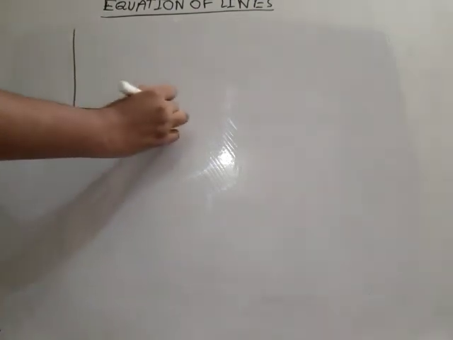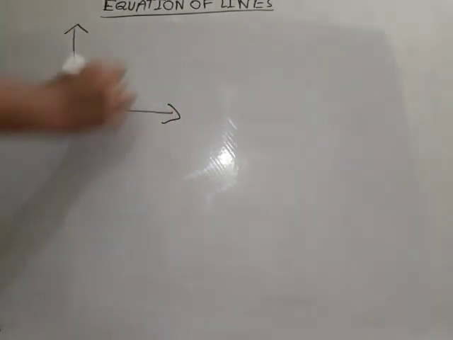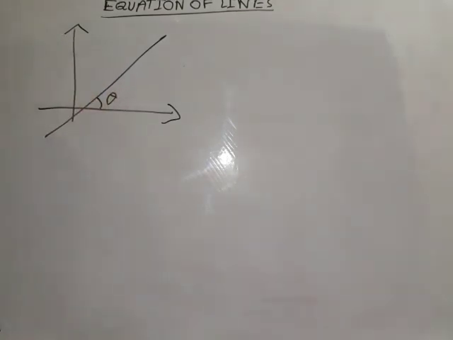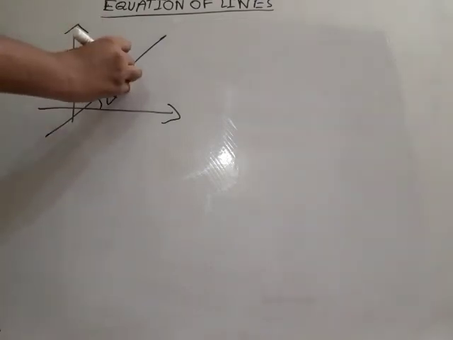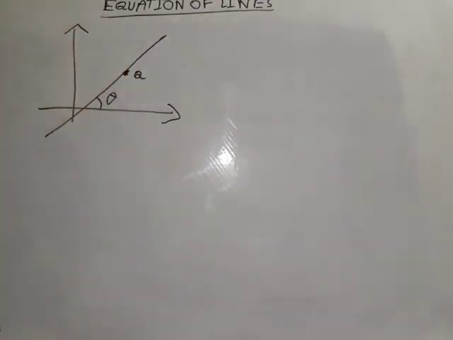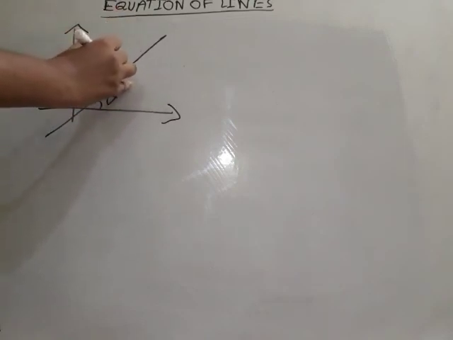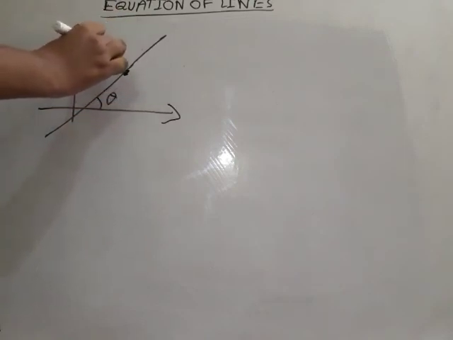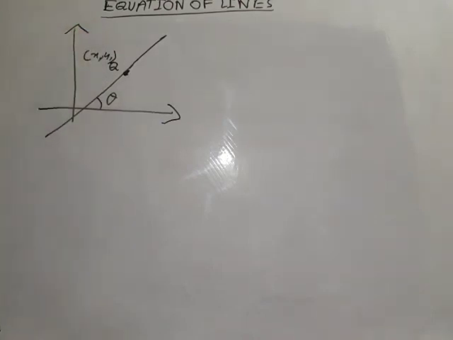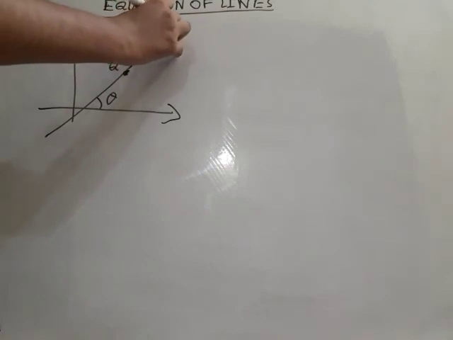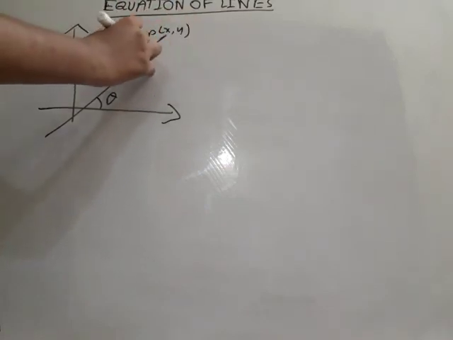Suppose a line has an angle theta with the x-axis, and let it go through a point Q, that is (x1, y1). Now take an arbitrary point P with coordinates (x, y) at a distance r from Q. So the P to Q distance is r.